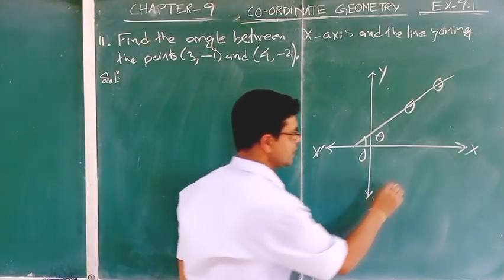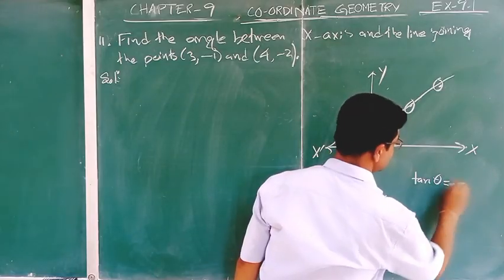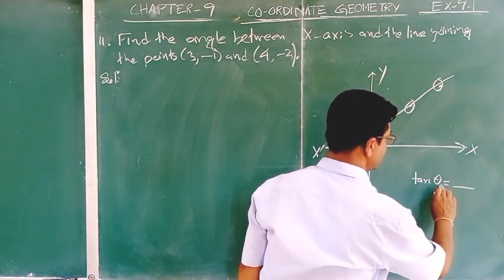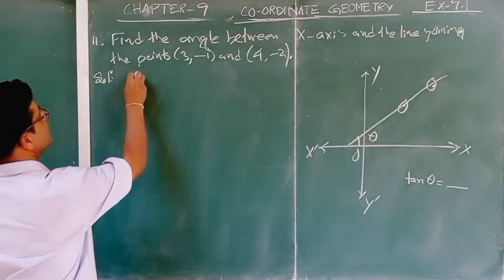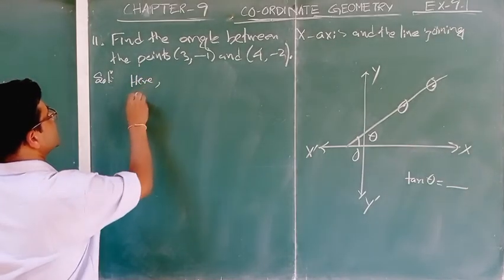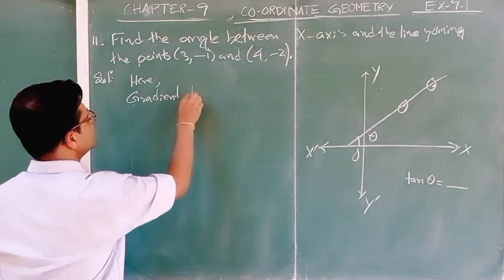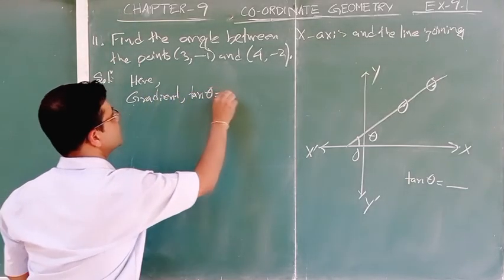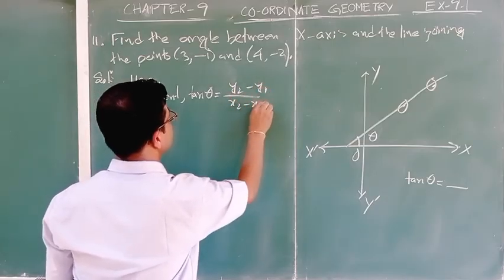Okay, how do we find inclination? We know gradient is tan theta. Tan theta will be something, and we'll find the value of theta from that. Let us see how we'll find it. Here let us find the gradient at first. How do you find gradient? Tan theta. What is the formula? y2 minus y1 over x2 minus x1.